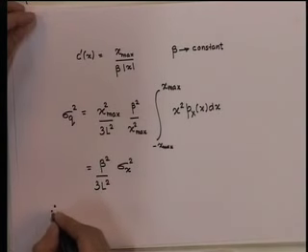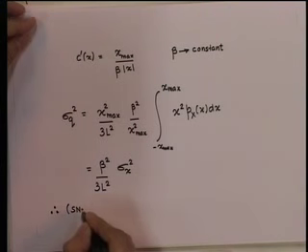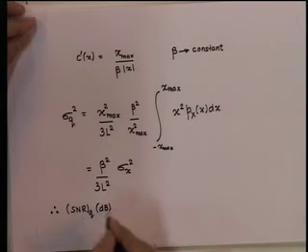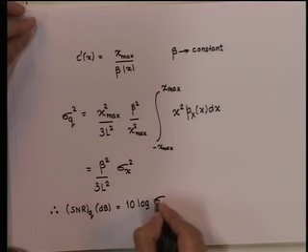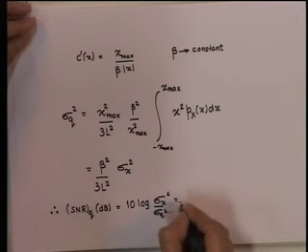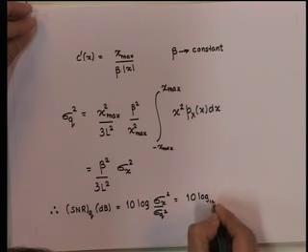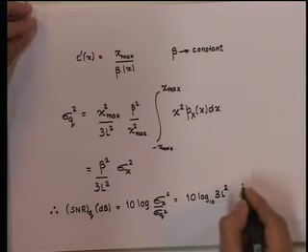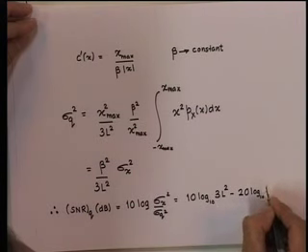Therefore, signal to quantization noise ratio in dB will be equal to 10 log sigma x squared by sigma q squared, which is equal to 10 log 3 L squared minus 20 times log beta.